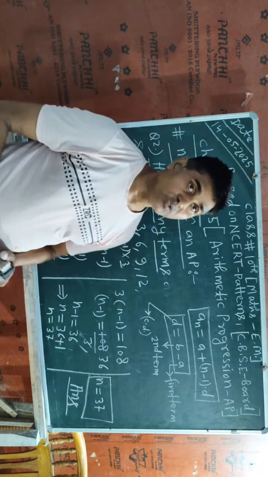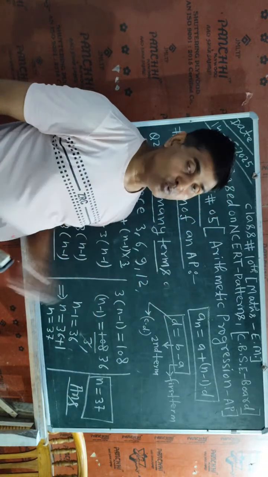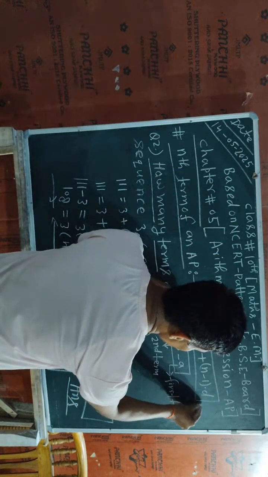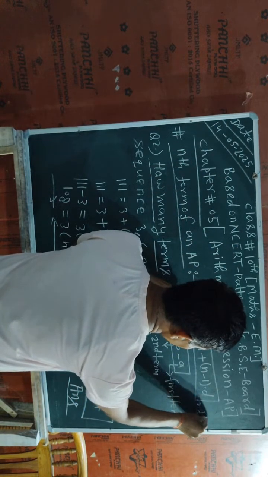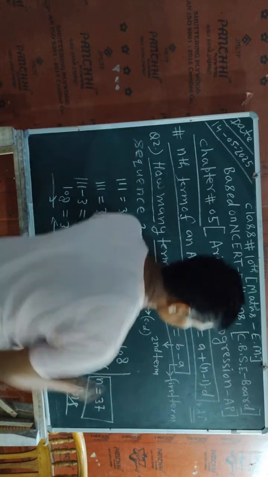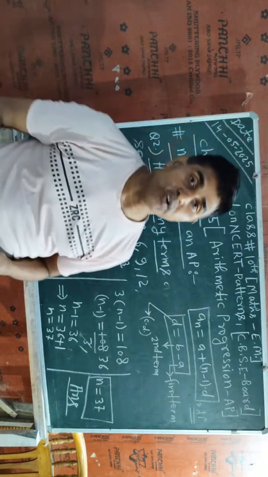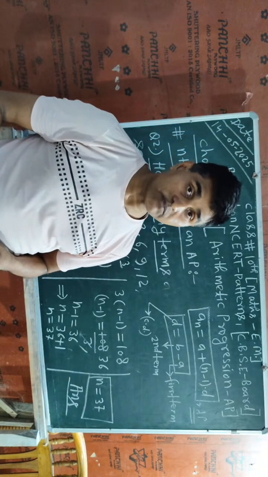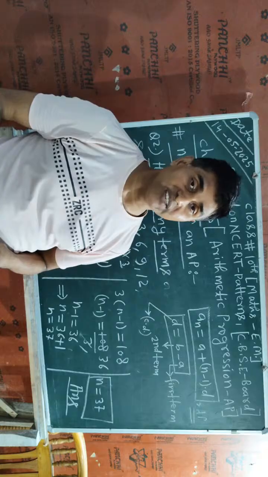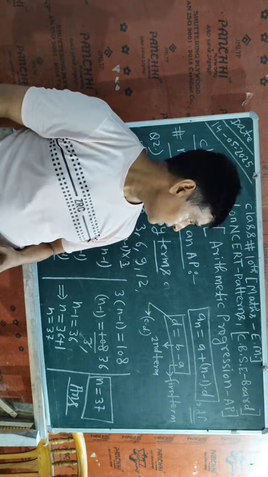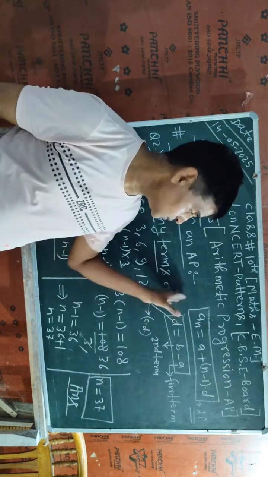Okay student, so this is an important formula and you have to remember it, and this is available only in arithmetic progression. So here I am writing AP. A stands for arithmetic and P stands for progression. So according to this, any question which is based on arithmetic progression, that question can be calculated for the nth term by this formula.